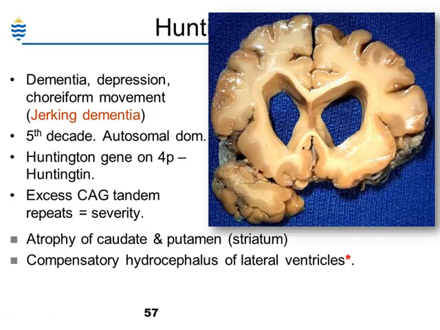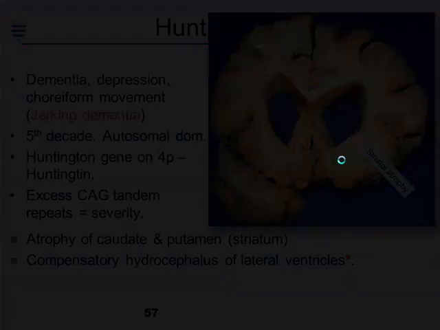Huntington's, selective degeneration of only the basal ganglia. Dementia, depression with jerking movements. Caudate and putamen only, that is striatal atrophy.